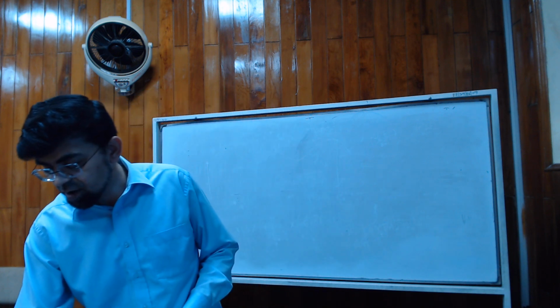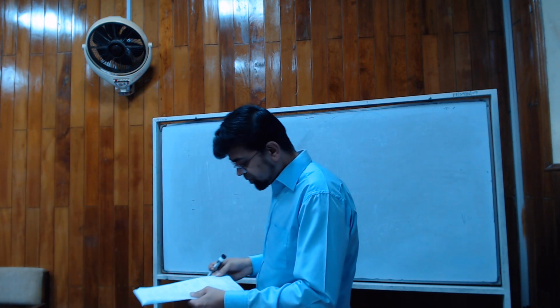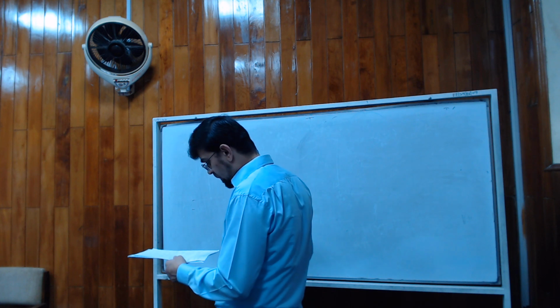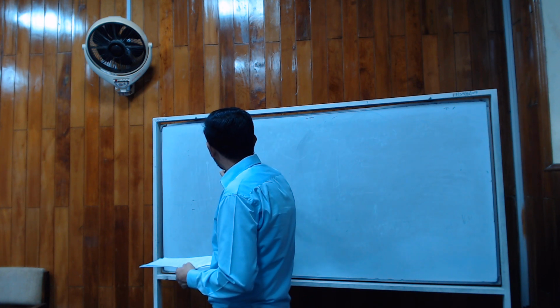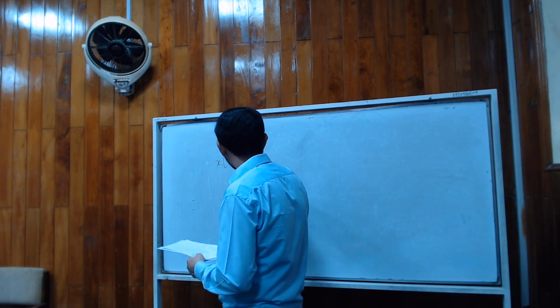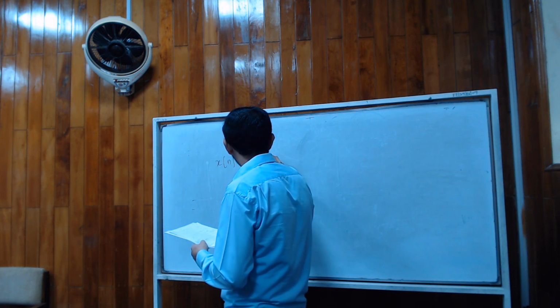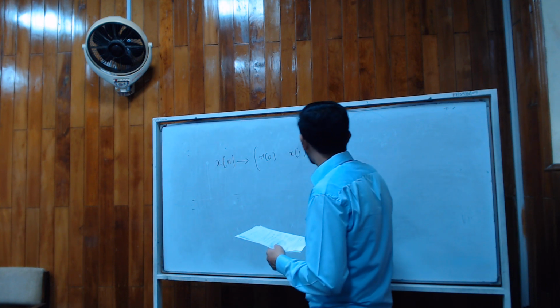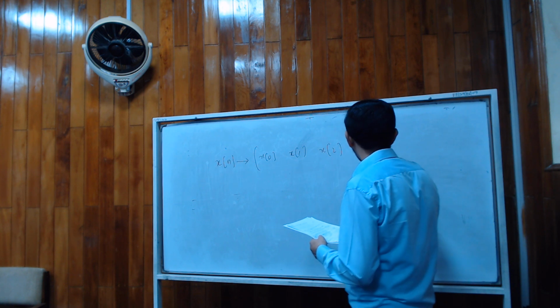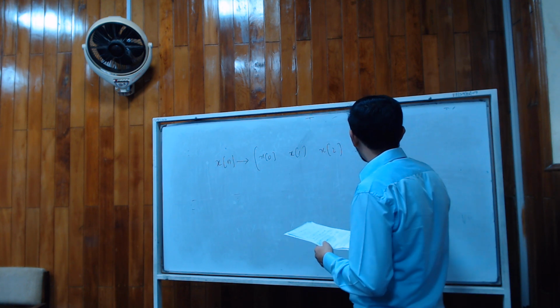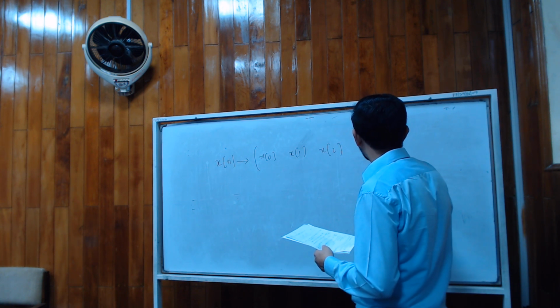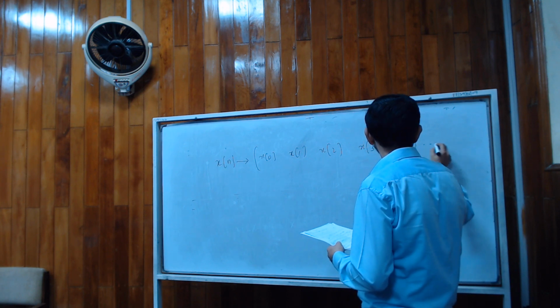So आप compression का तो काफ़ी सुनते होंगे processing में. Let's say you have x[n] at x0, x1, x2 and so on. Let's say it is x3, x4.